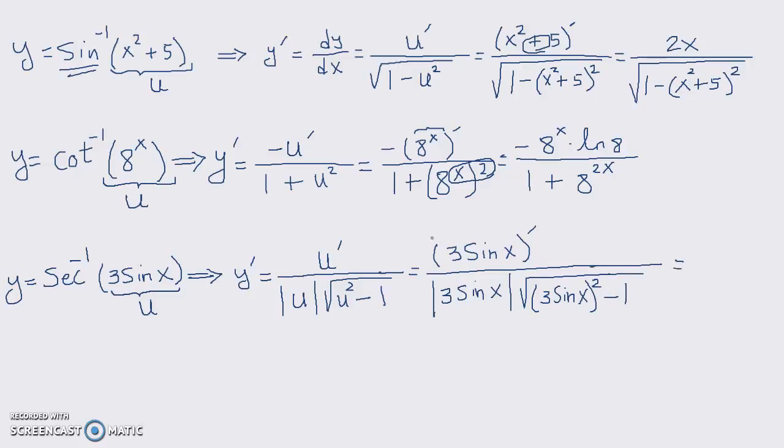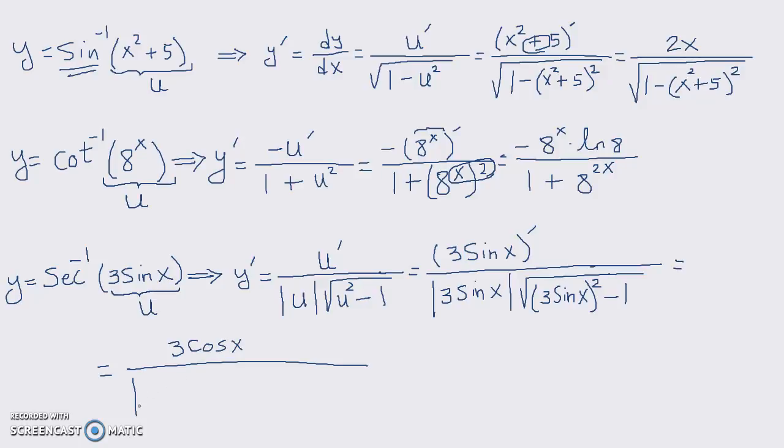Now the derivative of 3 sine x in the numerator, we have to work on that. What type of function is 3 sine x? We know that 3 is the constant multiple, so we just write it down. And then sine x is a trigonometric function, so it's the derivative of sine, which is cosine of the same angle x.